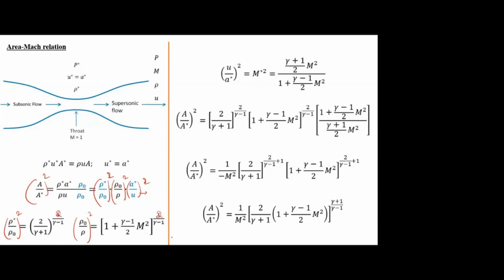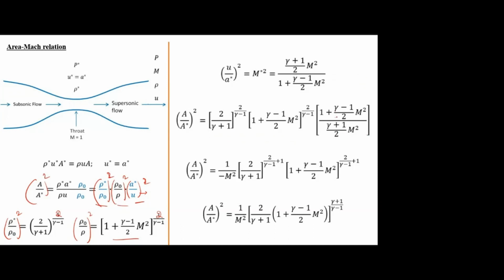Yes, sir. Okay. Now we have to substitute these three terms: 2 divided by gamma plus 1, power 2 divided by gamma minus 1. Then this term, then this term, that is here 1 by M star square. Just the inverse I have substituted. Then I have to simplify this term.